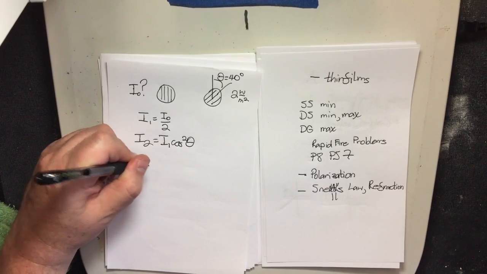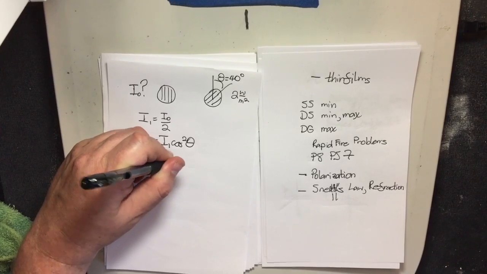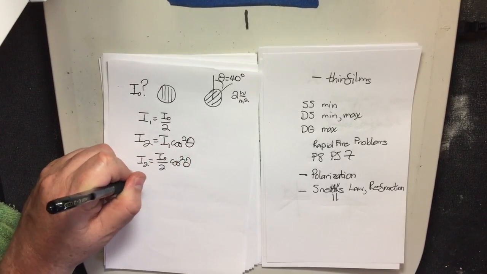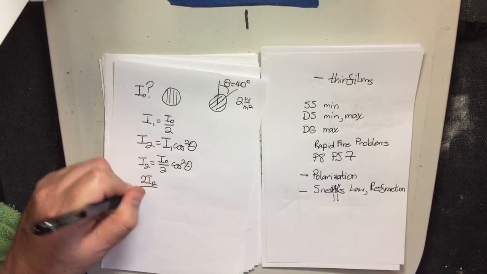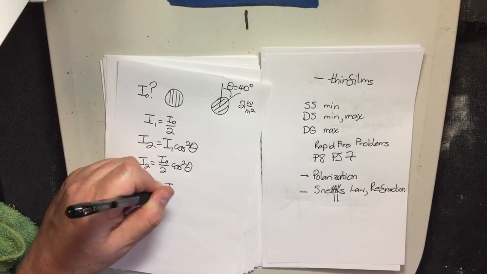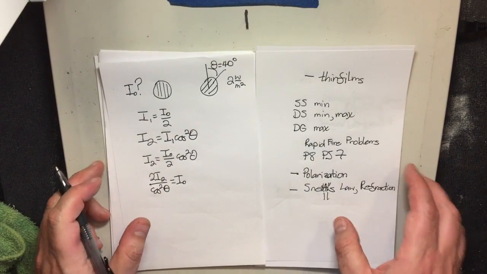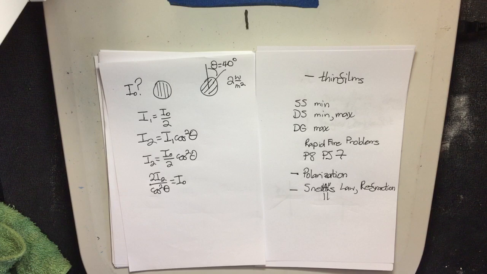So I2 is equal to I naught over 2 cosine squared theta, or 2 I2 over cosine squared theta is equal to I naught. And then you just solve it. That's not a problem, that's an appetizer.